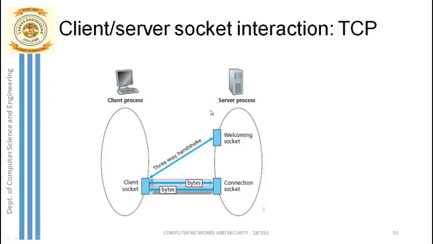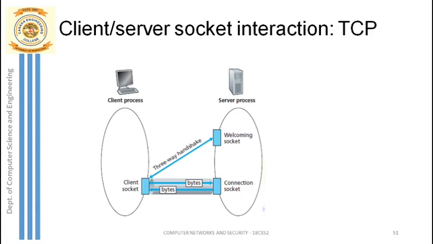After that first stage, the server will respond. If the server is free, the server will send a reply to the client saying, yes, I am free, you can ask anything that you want. So the server will send back the reply in the second stage, saying that he is ready for connection establishment and ready to receive the client's request.